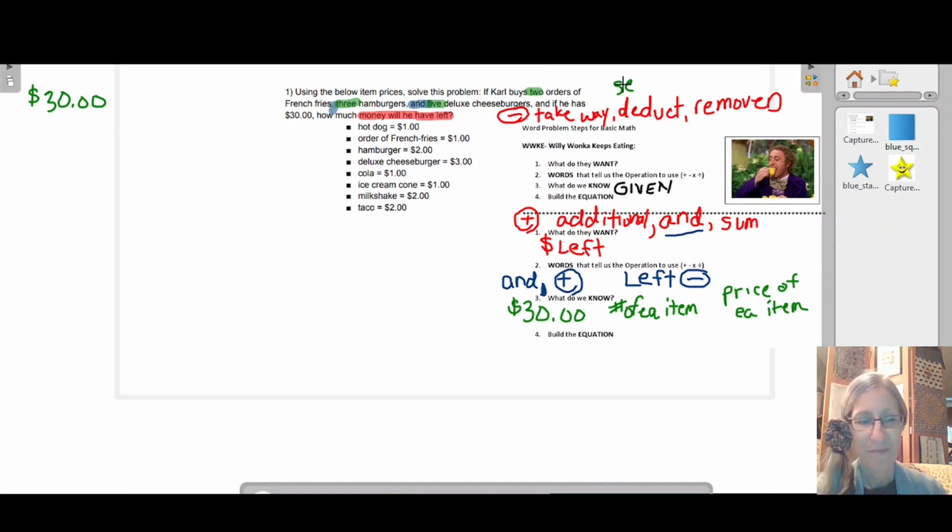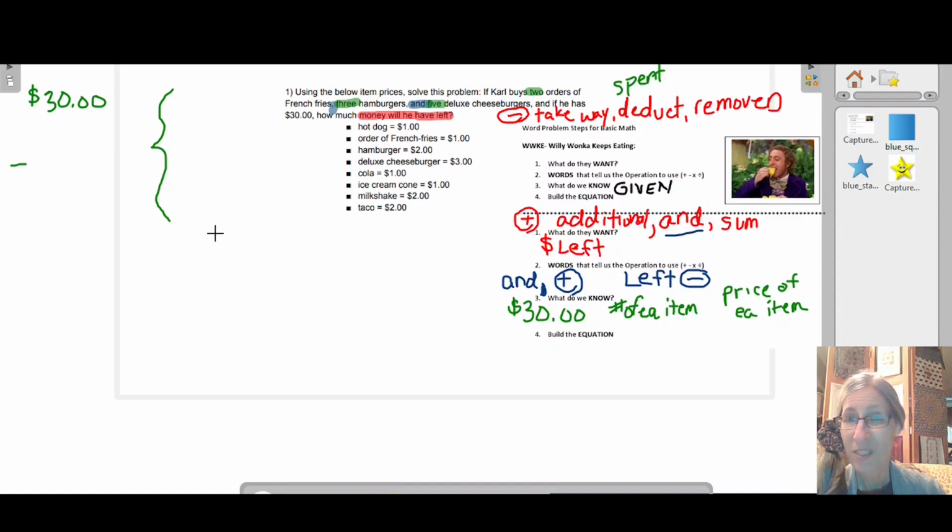Spent would be subtraction. So if he spent money on these items, we would subtract these items from the $30. But we don't know how much he spent. That's what we have to figure out.